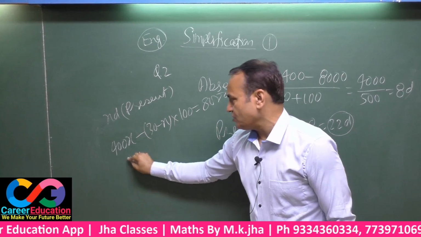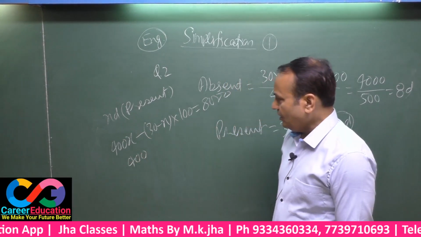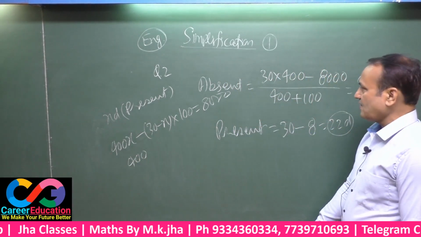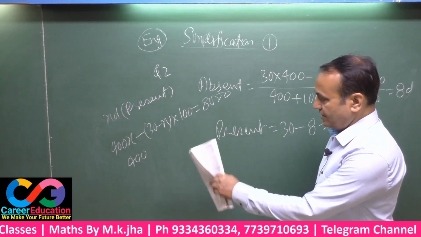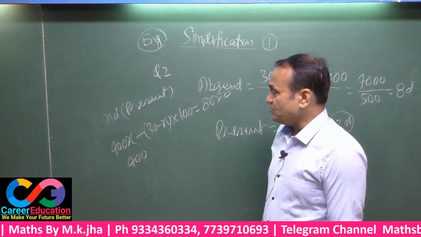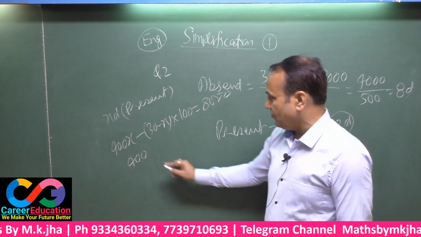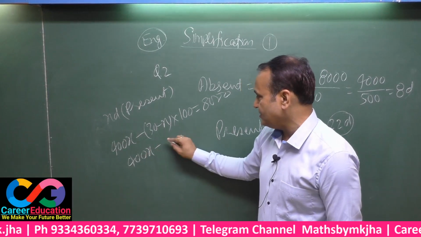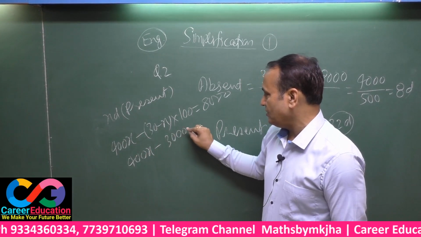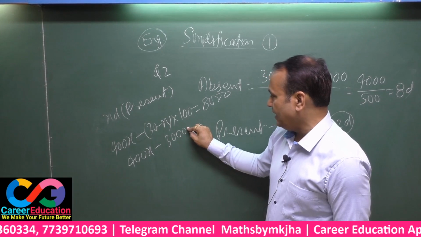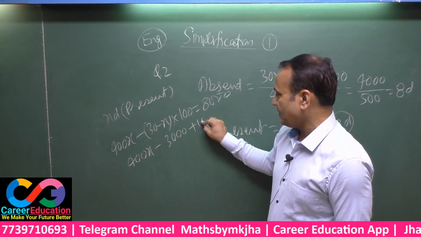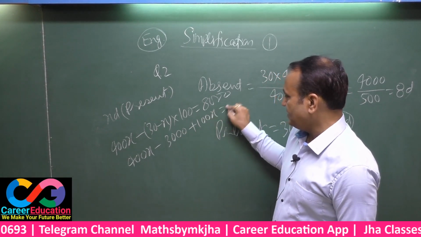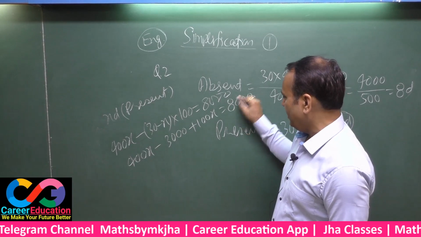Now you can solve here. X days remained present here. 400x minus 100 into (30 minus x) equals 8,000.